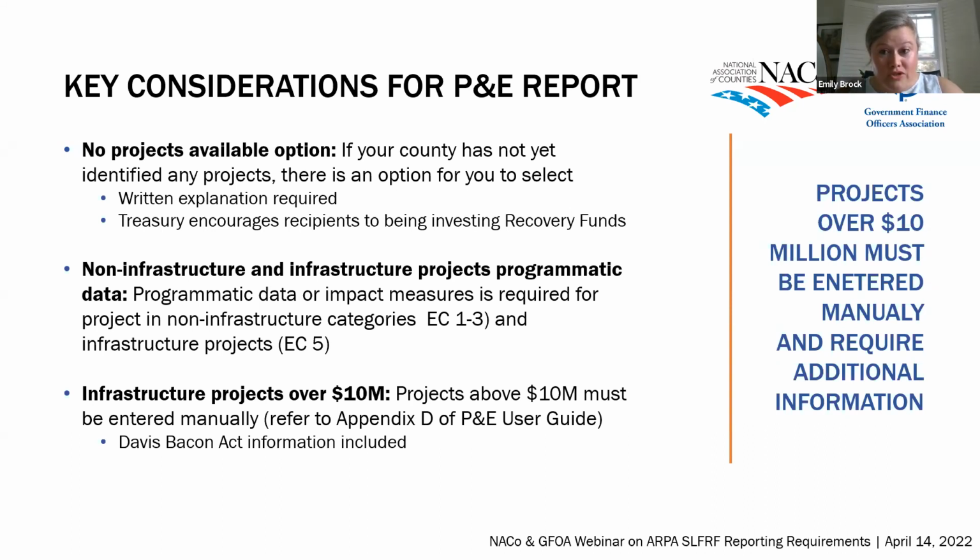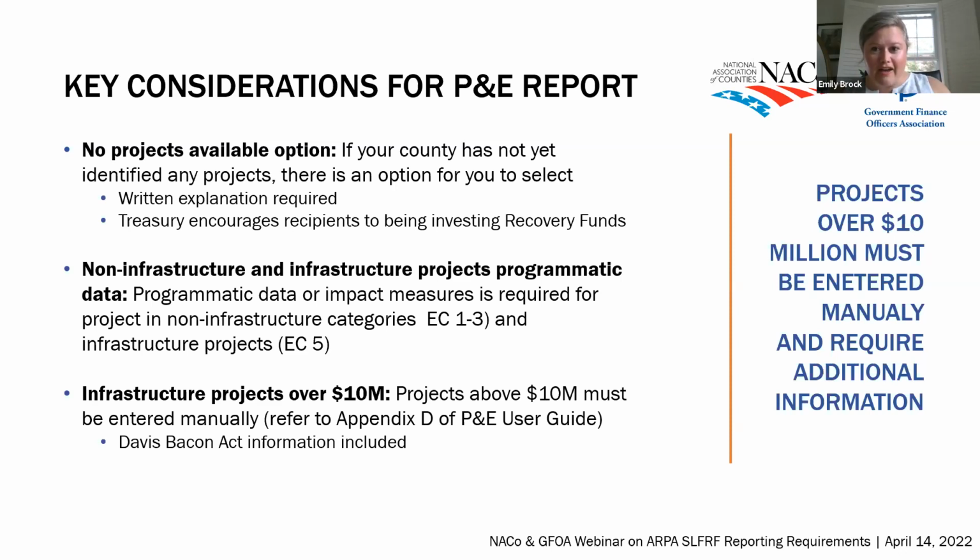One of the most important bits of information and amounts of information that you'll need to pull together is regarding any infrastructure. Now, remember, this is infrastructure spending in category 5.